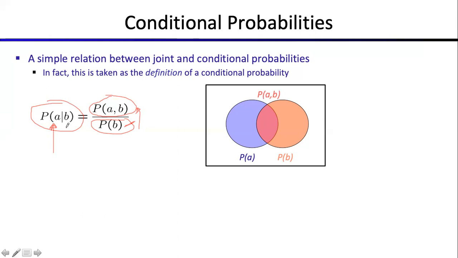So how will you read this? This is the probability of A given B or probability of A conditioned on B. This is what you call as the conditional probability.